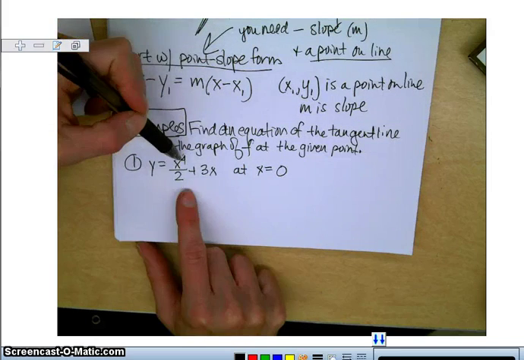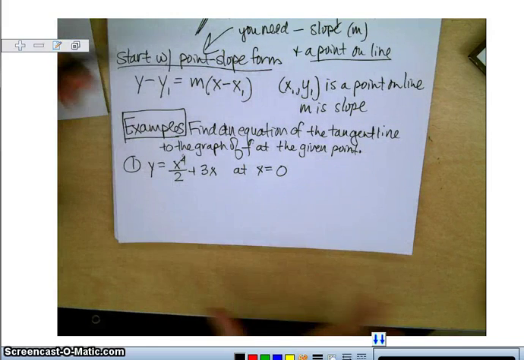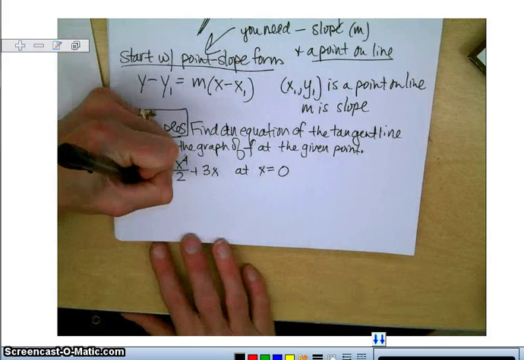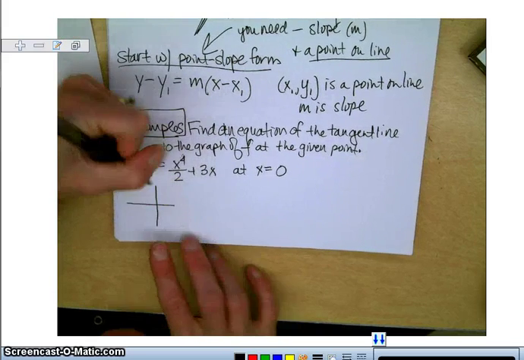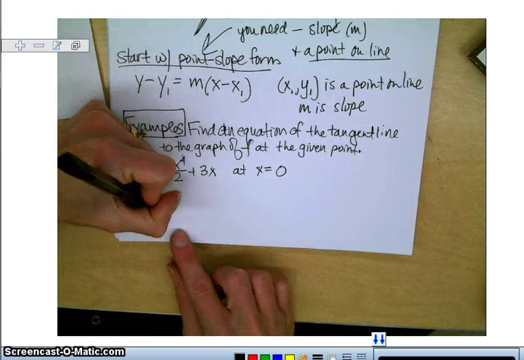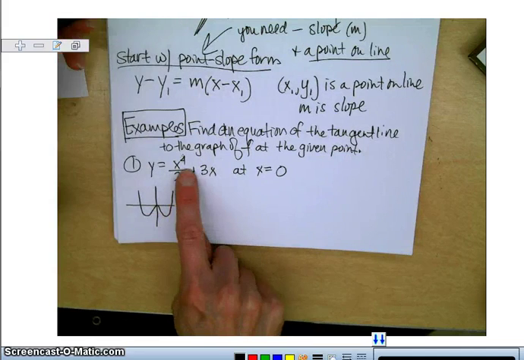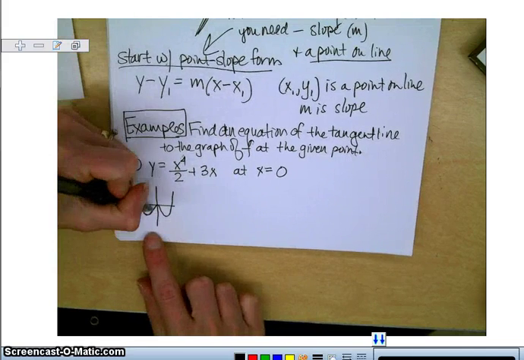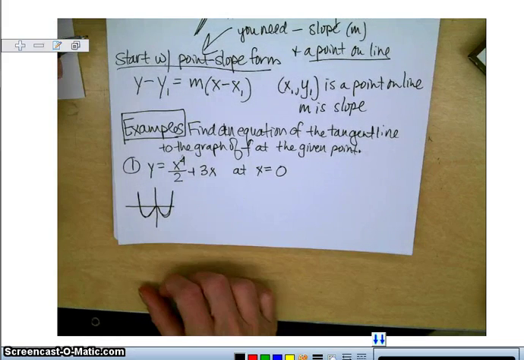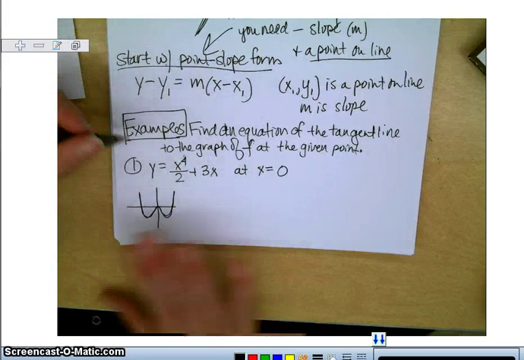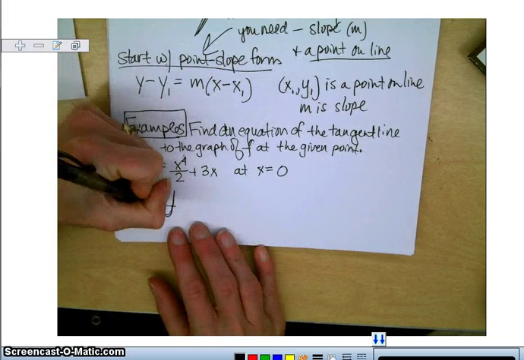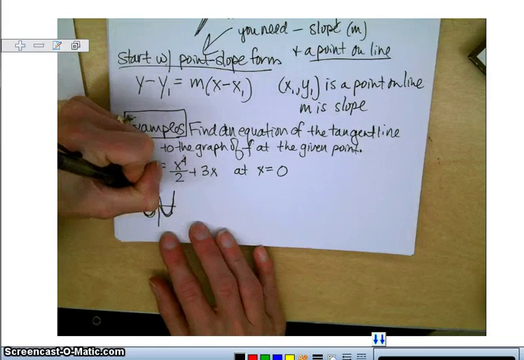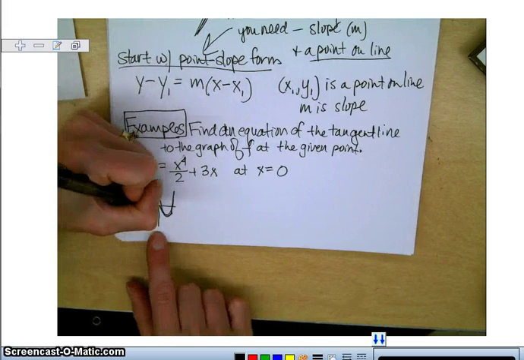So I'll just tell you right now, this is just a very rough sketch. I have no idea what this equation looks like, but if I graph this, I'm pretty sure that it'll look kind of like this, because a 4th power equation looks like a W or an M. You should know that from Algebra 2. And we're looking for, I mean it could go up like this more. I'm looking for the equation of the tangent line right at x equals 0.